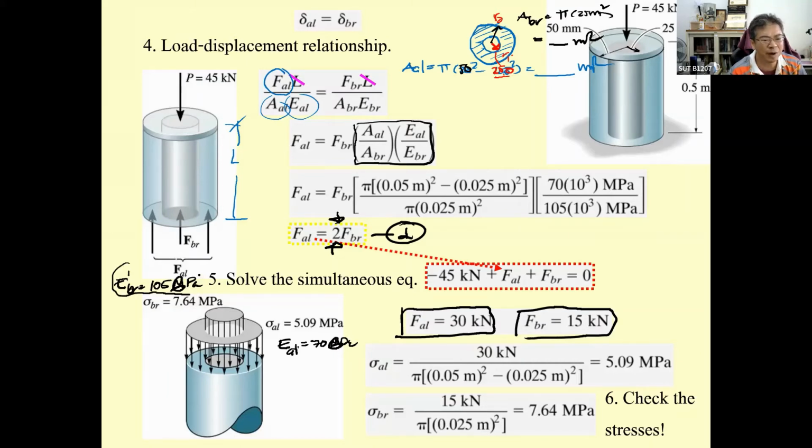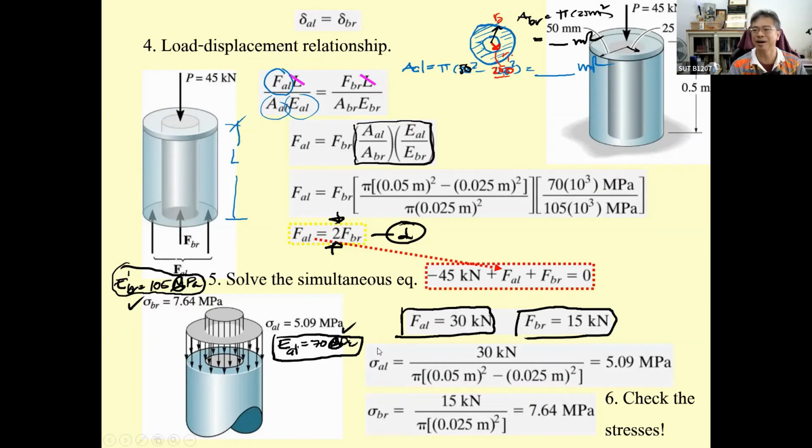This one indicates the stiffness. When you put a stiffer material to work with the less stiff aluminum, the stress in the stiffer material, larger E, will be larger than the stress in the less stiff material. That is one of the conclusions you're supposed to have.